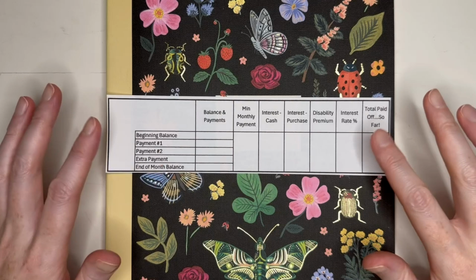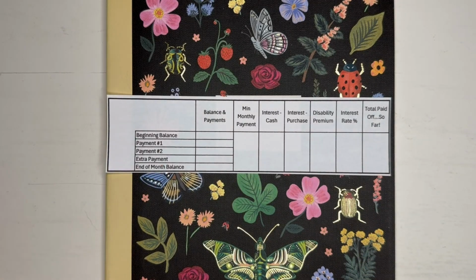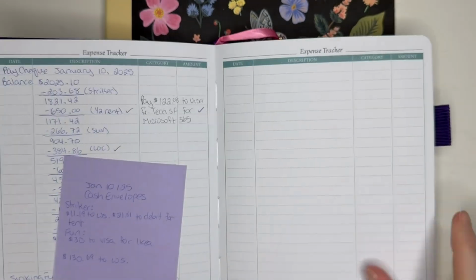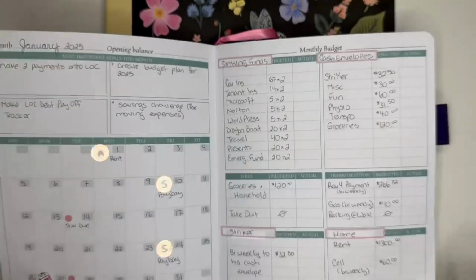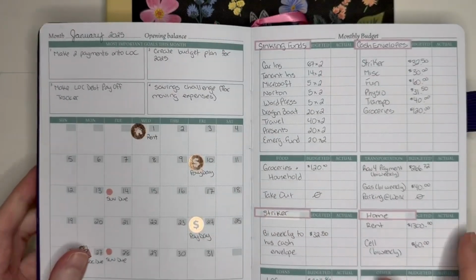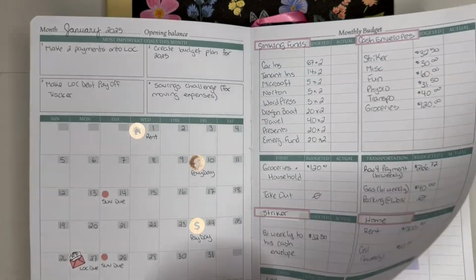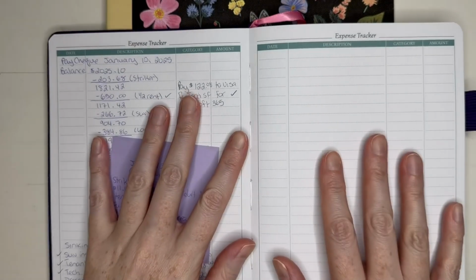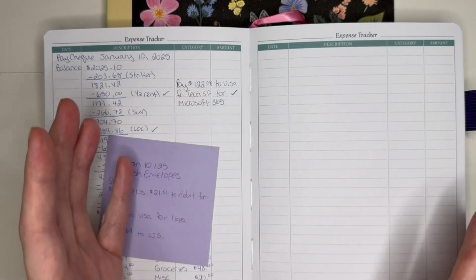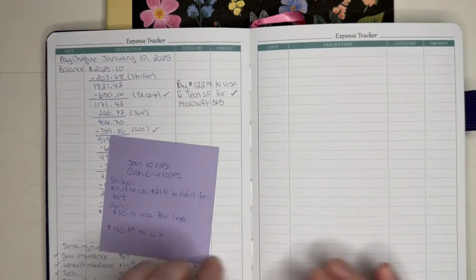Now this little thing is going to be an insert in my budgeting book. So let me show you where it's going to go. One second. Okay, so this is my 2025 budgeting book, and here's my January pages. When I do my budget, the expense tracker pages I don't use for the expense tracking. I use it to write out my budget.